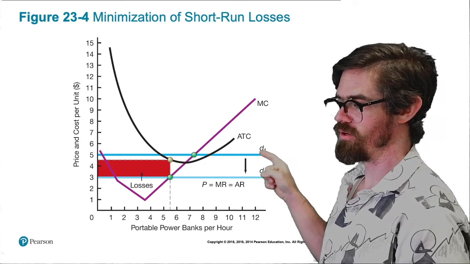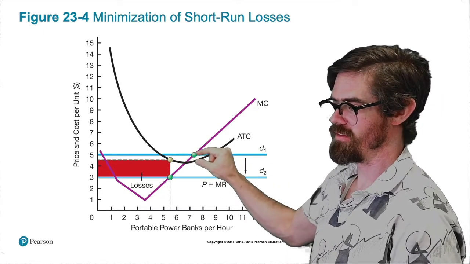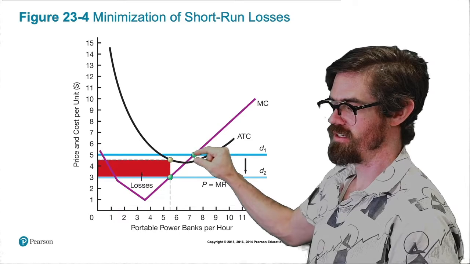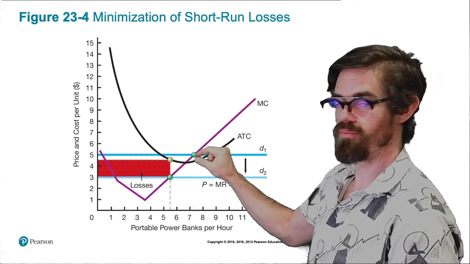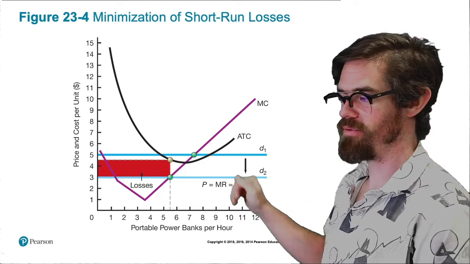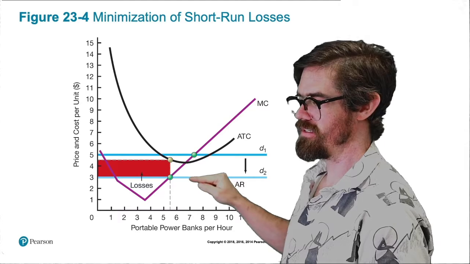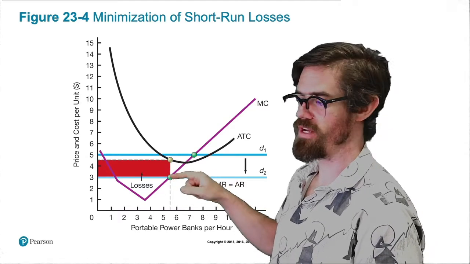Okay, so when the price was at $5, the firm was making a profit, right? That difference there is the average profit or profit per unit when the price was 5, but something happens and causes the price to drop.